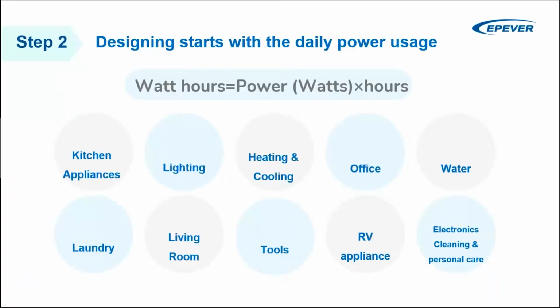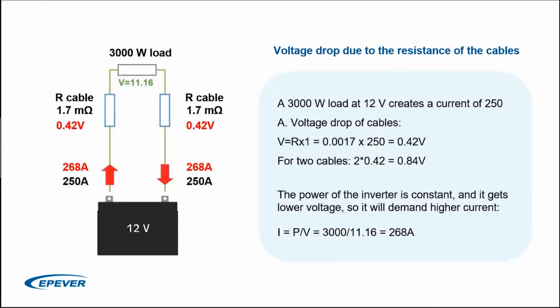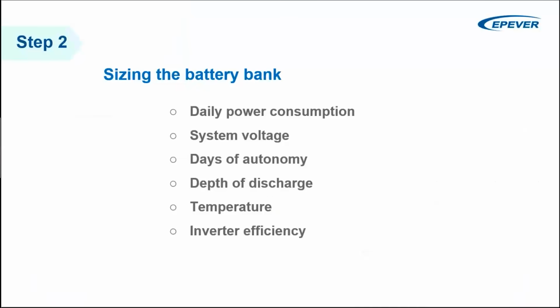If we go back to this example here, if you had a higher voltage here, then you will have less difference in your current. So the higher the voltage of the system, the lower the current value in the circuit, and the lower the losses you will have in different components of your system.